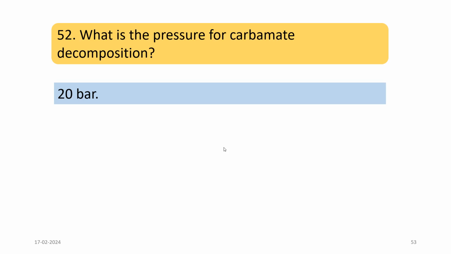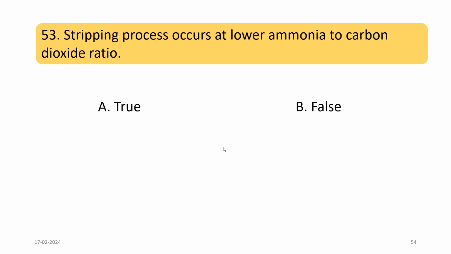Next question is stripping process occurs at lower ammonia to carbon dioxide ratio. Is it true or false?